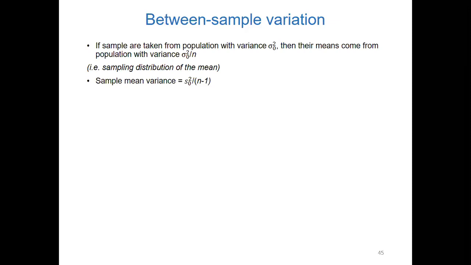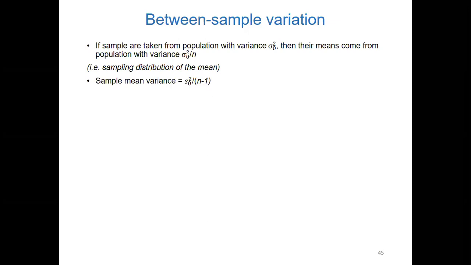That's what we have discussed. So the population mean variance is sigma squared over n. When it comes to the sample mean variance, we substitute sigma by S, and instead of n, we substitute n minus 1. This is the sample mean variance.